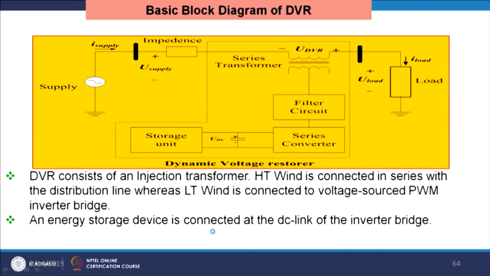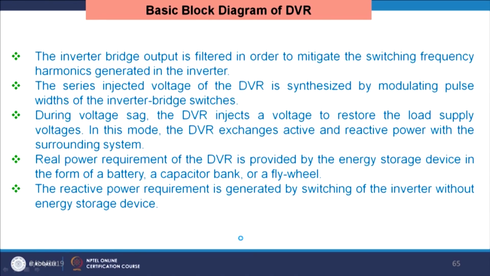So, this is the overall basic diagram of the DVR. This is the storage unit, the series converter, this is a series filter, and in that way it will compensate the filtering part. Similarly, we are required to provide the DC power requirement. It can be provided by a battery, capacitor bank or flywheels.